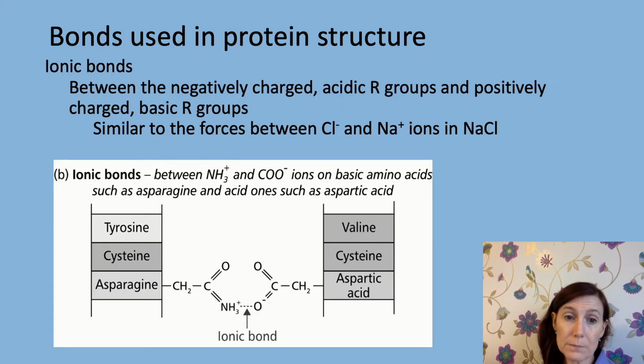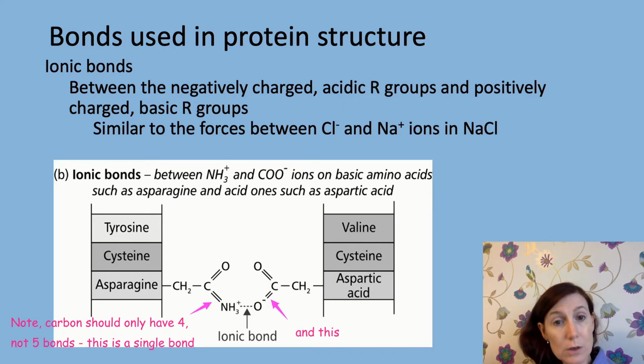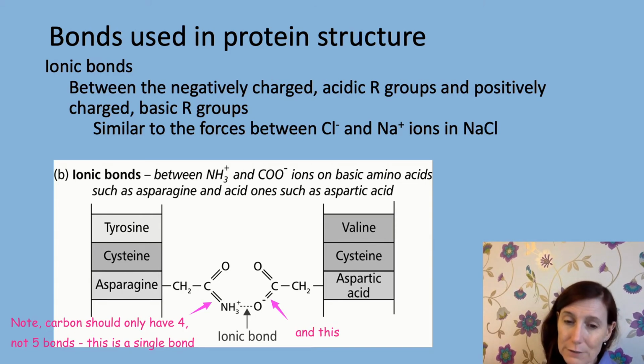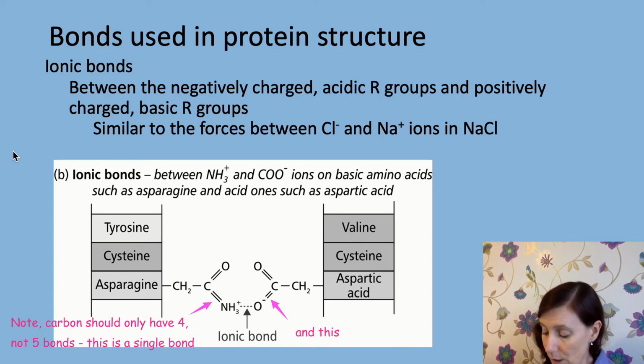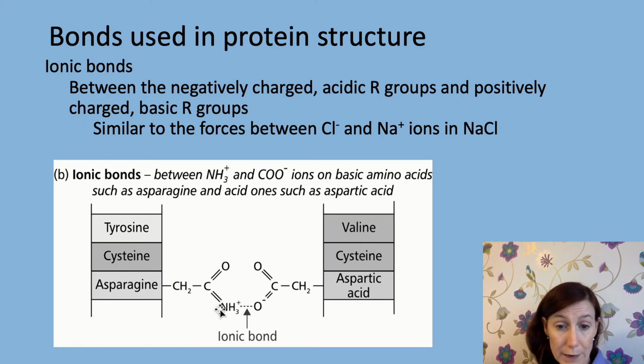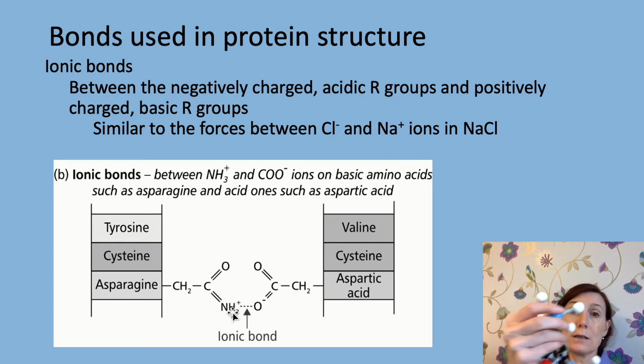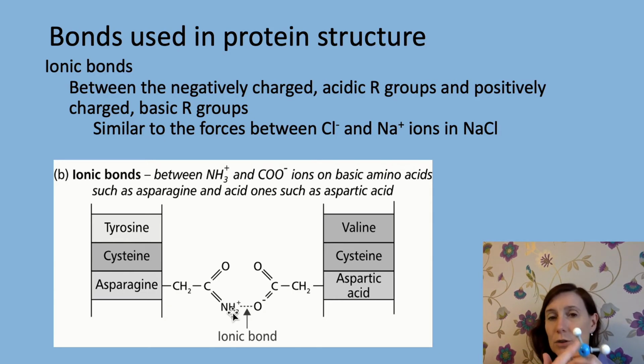We've then got ionic bonds. Some of our side groups can actually form positive and negative charges. In the little picture here, you can see that we've got an amine group. Now this amine or amino group, NH2, we've met it here, if I show you on here, this is NH2, but it can gain an extra hydrogen, so it becomes NH3, which brings another proton in, and it then becomes positively charged.